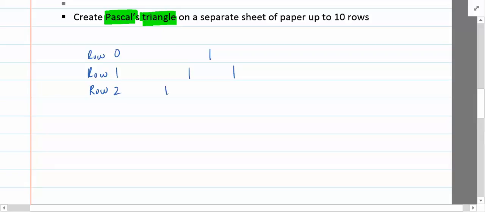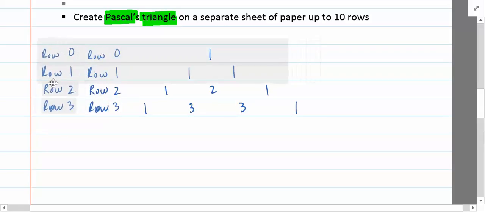But row 2 we'll say is 1, 2, and then 1. Row 3 is 1, 3, 3, 1. I'm going to run out of room, so I'm going to move these over to the left just a little bit.